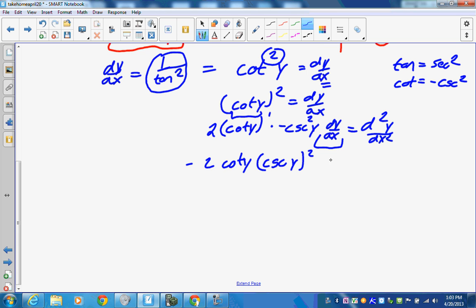And dy/dx is 1 over tangent squared in terms of y. You might possibly be able to leave it like this, but I think we could probably clean this up quite a bit.